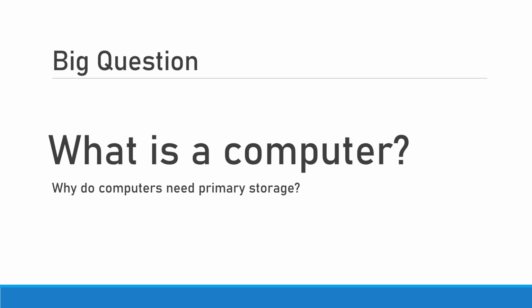Without primary storage, the CPU would have to constantly pull information from the much slower secondary storage, like your hard drive, which would make our computers painfully slow. This lesson will show you how important primary storage is in allowing the CPU to fetch instructions quickly, making sure your computer runs as fast as it can.